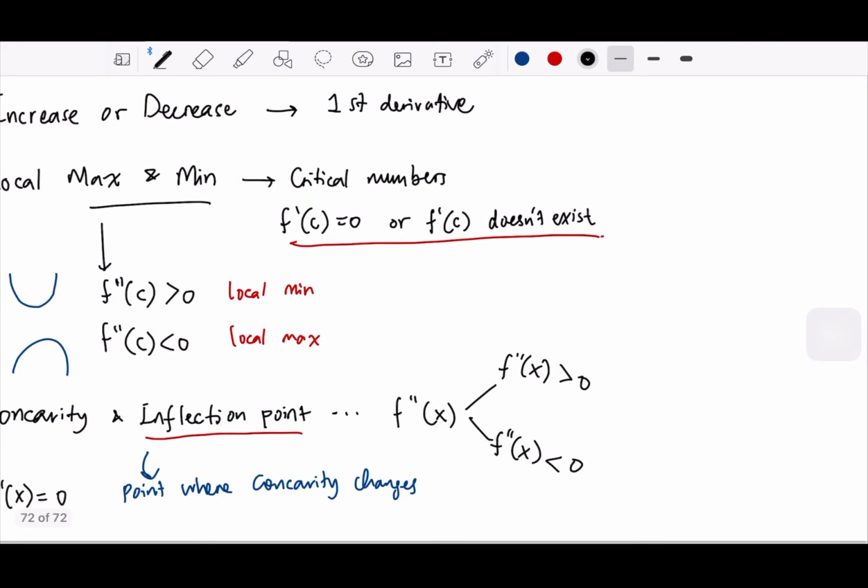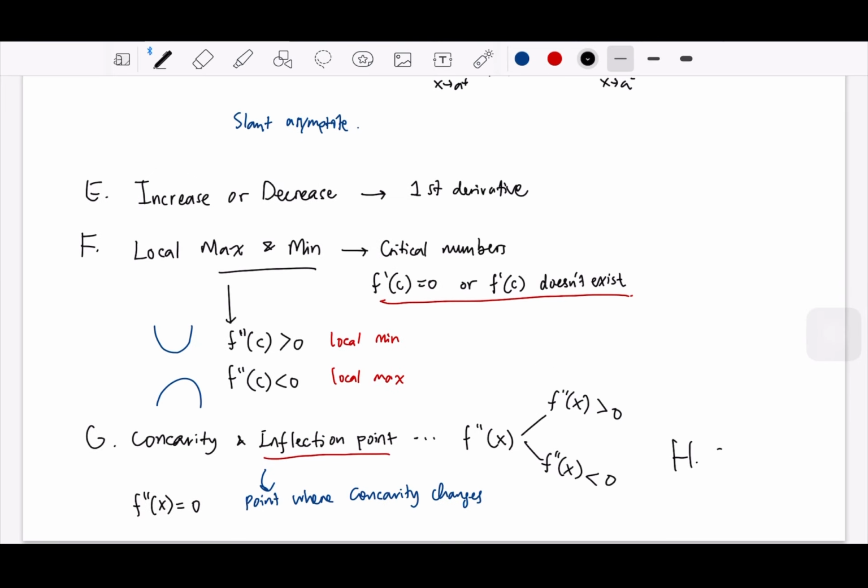And of course, the last part is to sketch the curve. From all of this, I believe it's sufficient to sketch the curve, to know whether the curve has a maximum, minimum, concavity changing, or whether it's upward or downward.